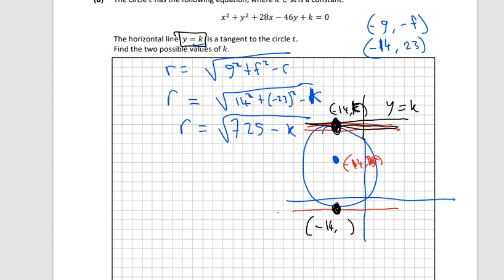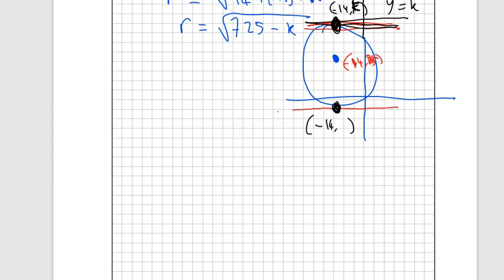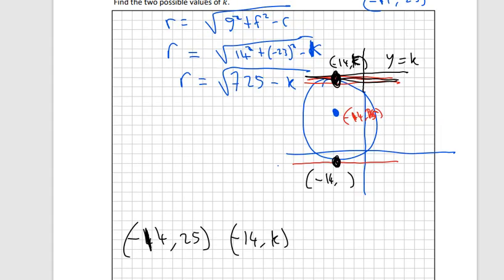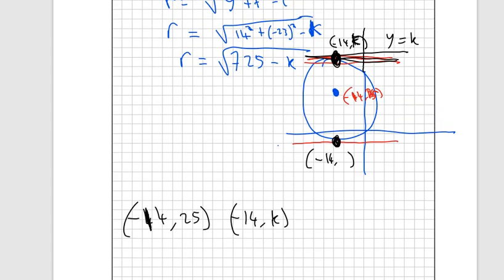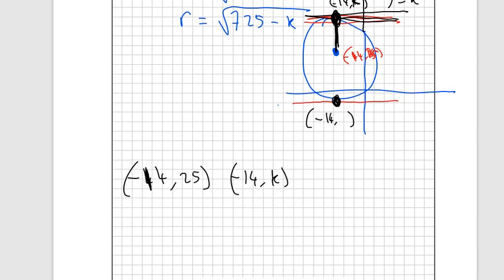So minus 14, k. What we're going to do is get the distance between the center, which is minus 14, 23, and that point, minus 14, k, and let that be equal to the radius, because from the center to that point is the radius, since that point is on the line.